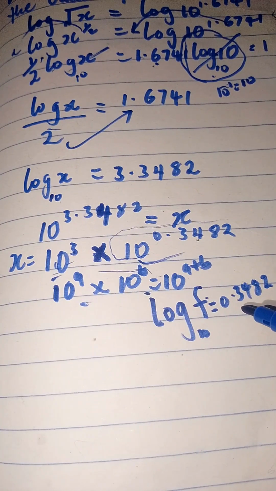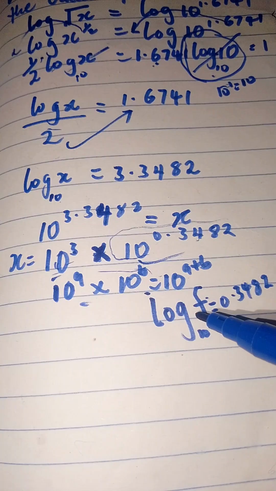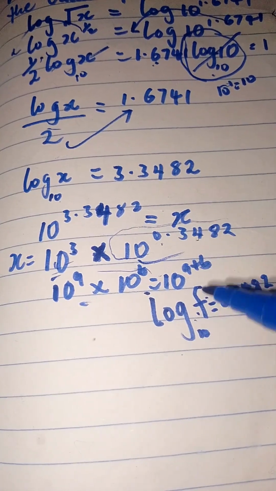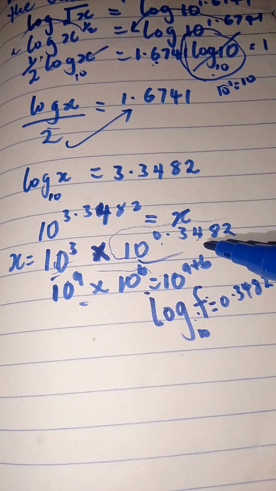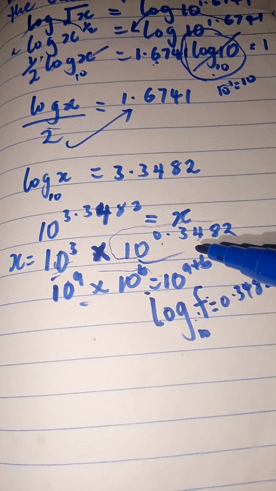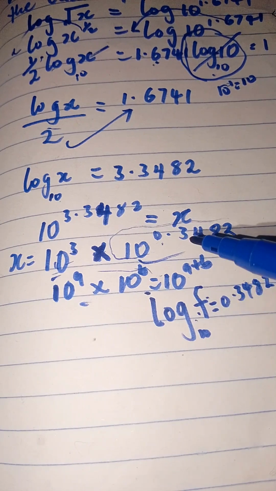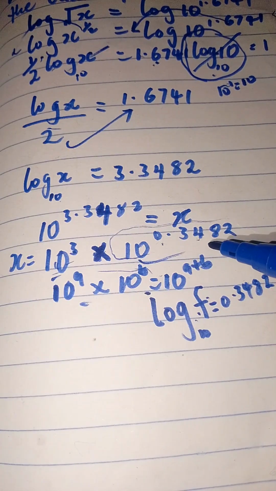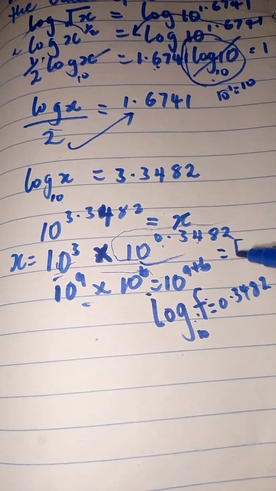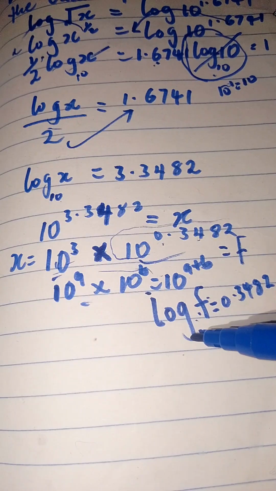Because 10 raised to the power 0.3482 gives a number we don't know, which we assume is f, we can rewrite it in logarithm form.